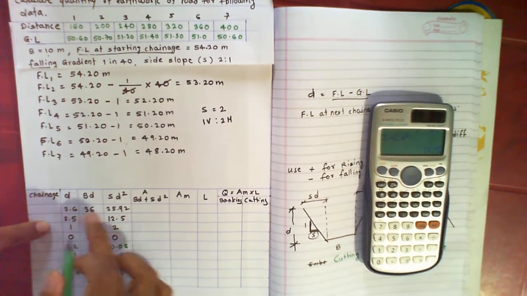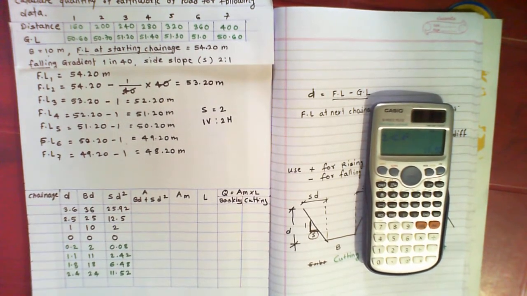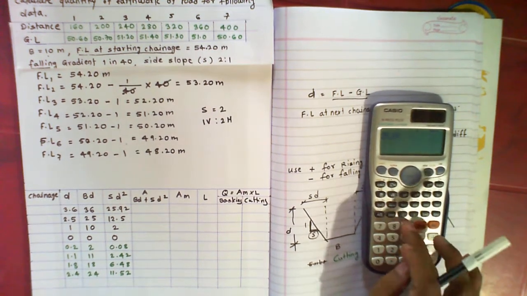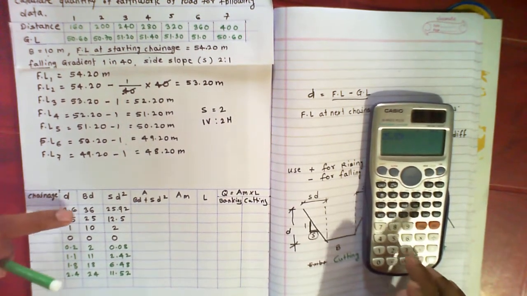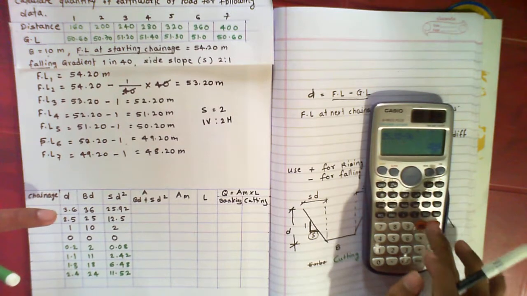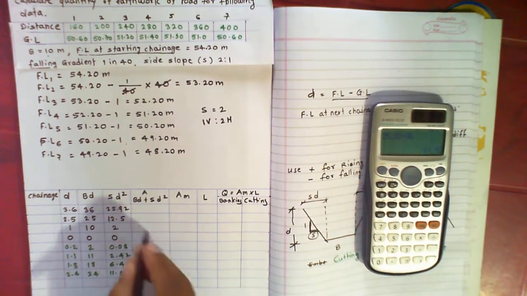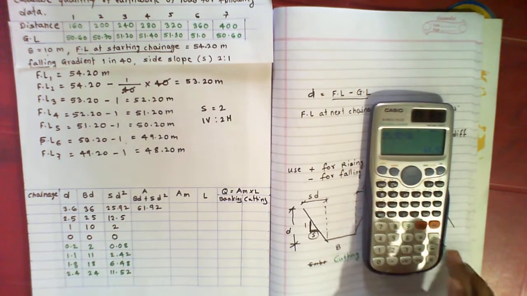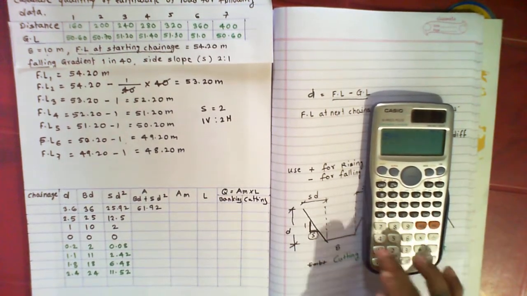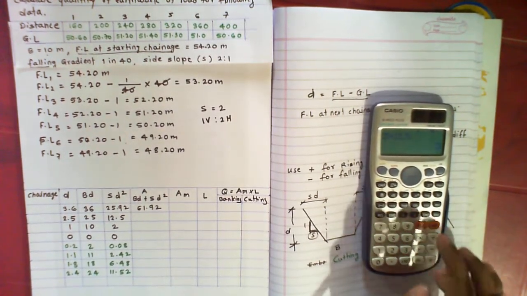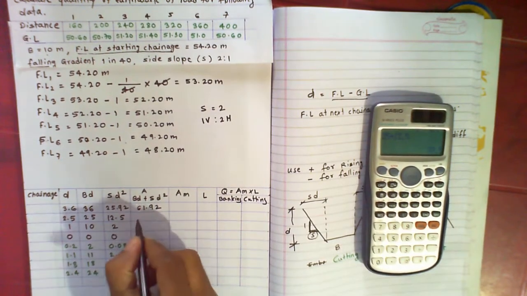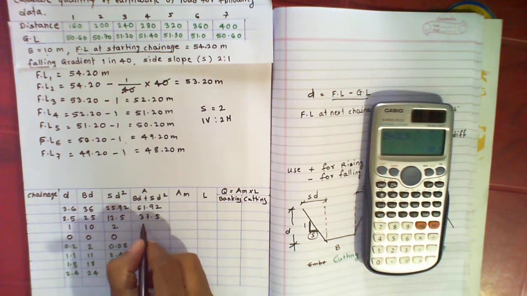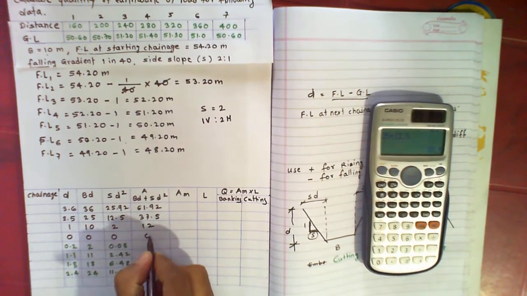Now adding these two columns, BD plus HD square, so 25.92 plus this 36, answer is 61.92. 25 plus 12.5, it is 37.5. 10 plus 2, that is 12. 0 plus 0, that is 0.